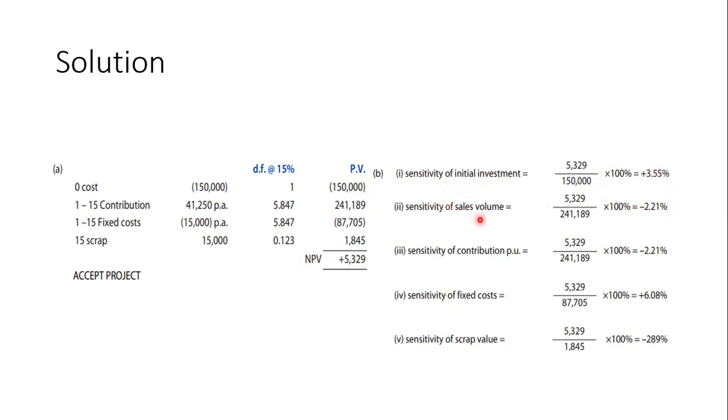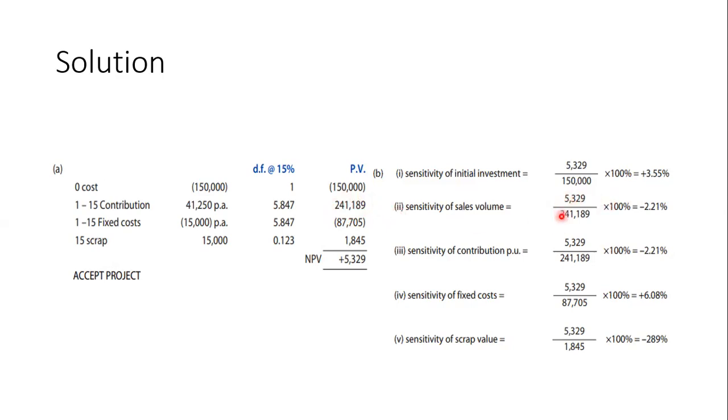Sensitivity of sales volume. Sales volume, you have your NPV divided by what? Your sales volume is 241,189. Now remember, sales volume is within the contribution. Before you get your contribution, contribution is what? Sales less variable cost. So the sensitivity is within this contribution.